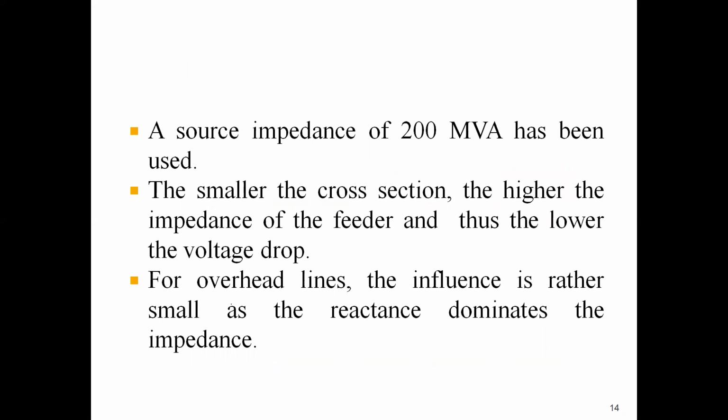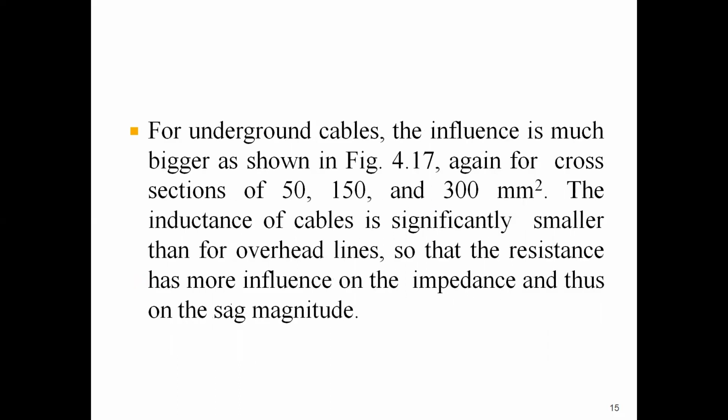That's the reason why you're able to see this. For overhead lines, the influence is rather small as the reactance dominates the impedance. That's the reason why overhead lines have less influence.